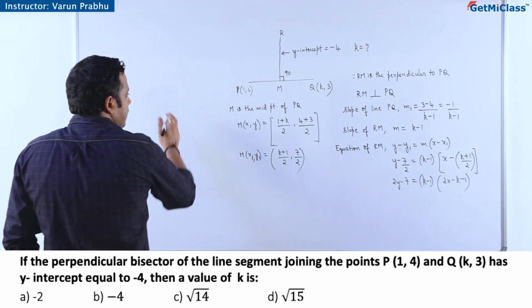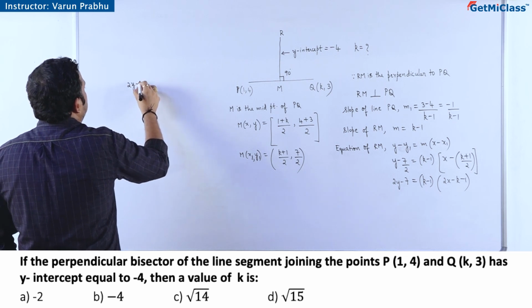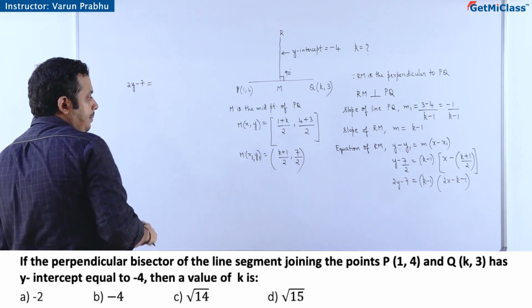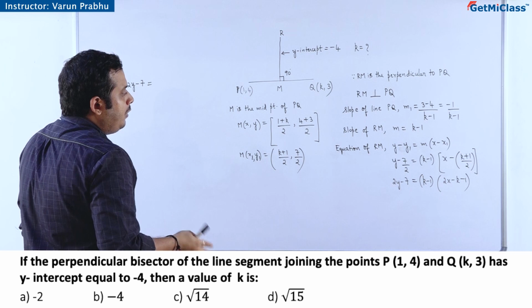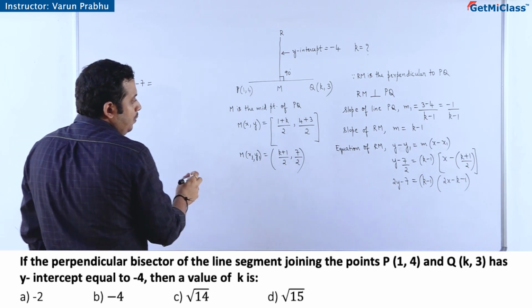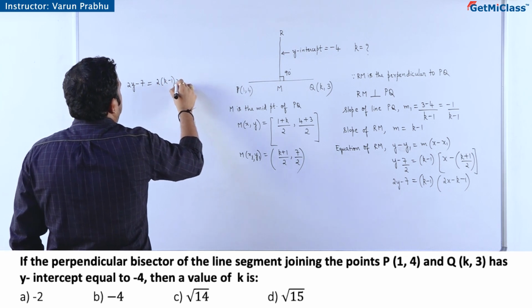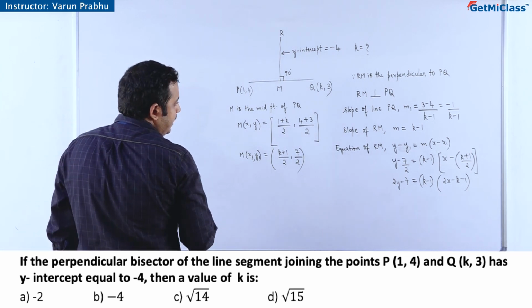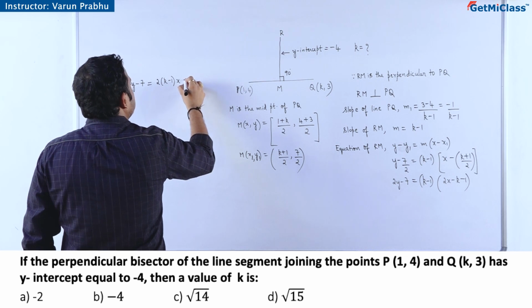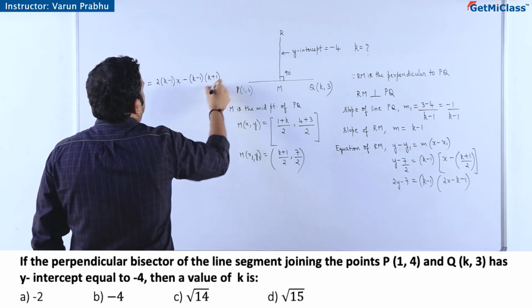We'll convert it into the form y is equal to mx plus c. Is it okay? So we can say y is equal to 2 times (k minus 1) times x minus (k minus 1) into (k plus 1), correct or not?